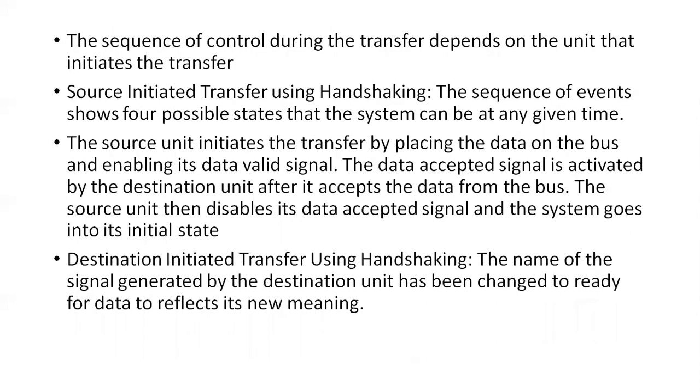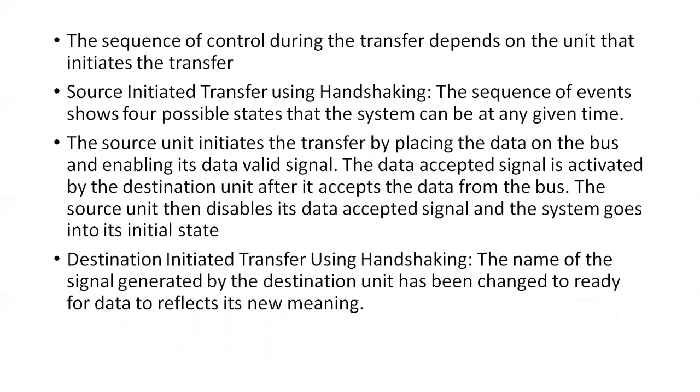The sequence of control during the data transfer depends on the unit that initiated the transfer. Now, the source unit initiated transfer using handshaking is explained as follows. The sequence of events shows four possible states that the system can be at any given time.